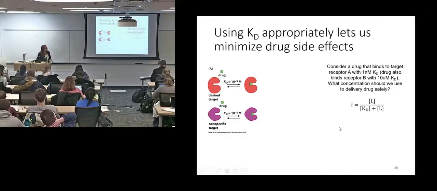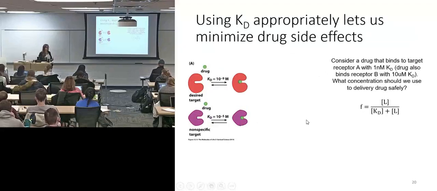Any other, how'd you start to decide what you want? So again, looking at fractional saturation is what you want to do. You want receptor A to have most of it bound, and you want receptor B to have most of it not bound. So you're looking for a concentration that will be in between these two.